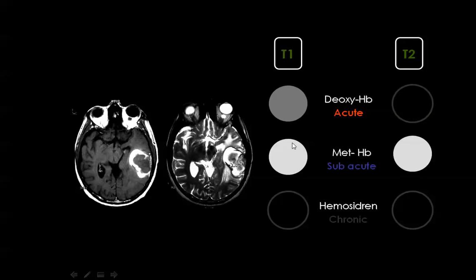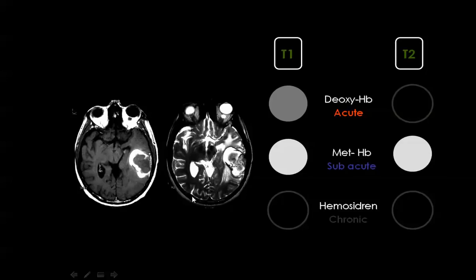Then this acute blood will be surrounded by a zone of subacute blood, which will appear bright in the T1 and also bright in the T2 weighted image. And this subacute blood will be surrounded by a rim of chronic blood, which will appear black in the T1 and black in the T2. The hemosiderin is well demonstrated in the T2 rather than in the T1 weighted images.